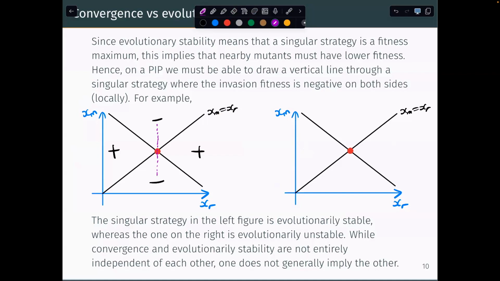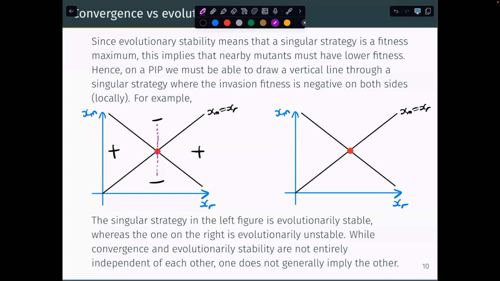This is basically saying that on either side of this singular strategy, our mutants, whether it's a higher trait value or a lower trait value, have lower fitness. We're always in this negative region. So that tells you it's uninvadable, right? So one way that you can look at a pairwise invasion plot to see whether it's evolutionarily stable is to draw a vertical line through that singular strategy. Either side of that, are you in negative regions?